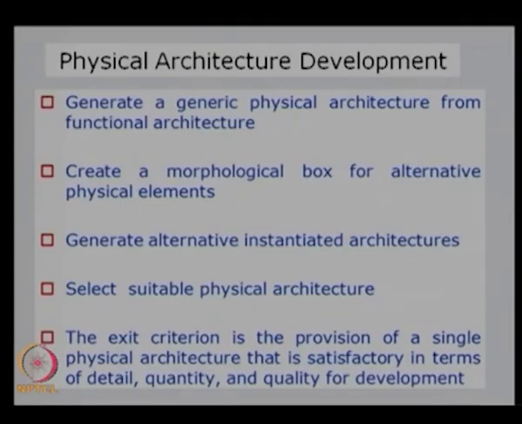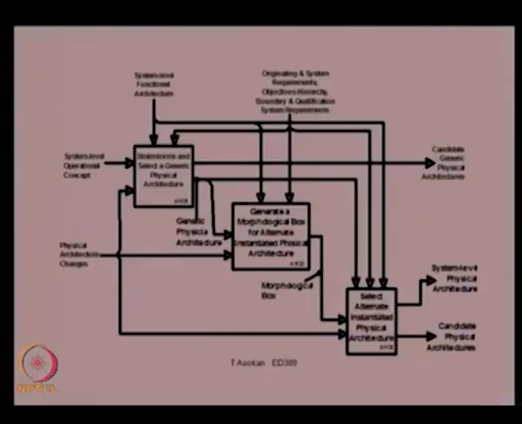So, we look at the details of the instantiated physical architecture and then see whether the quality and quantity are actually matching the requirement, and once it is satisfied I will go for that particular architecture and choose the physical architecture for the system. So, that is how we develop the physical architecture of a system.